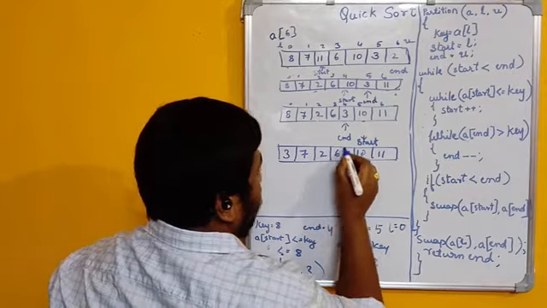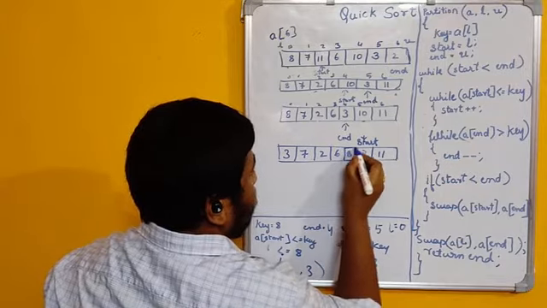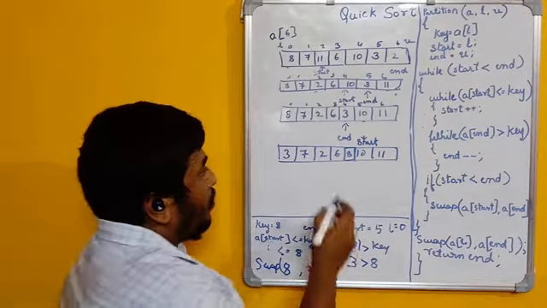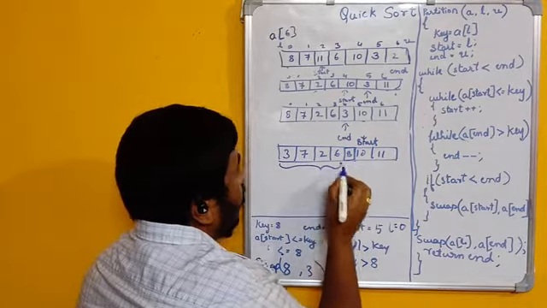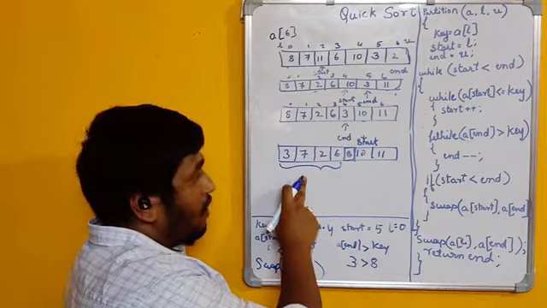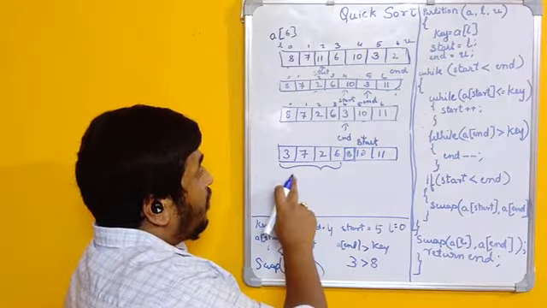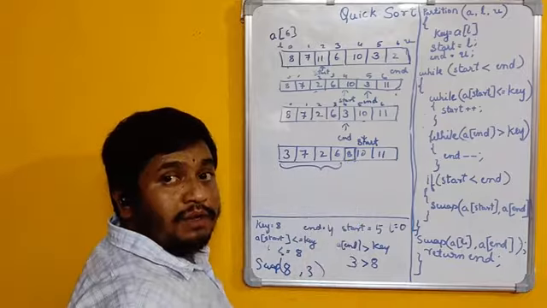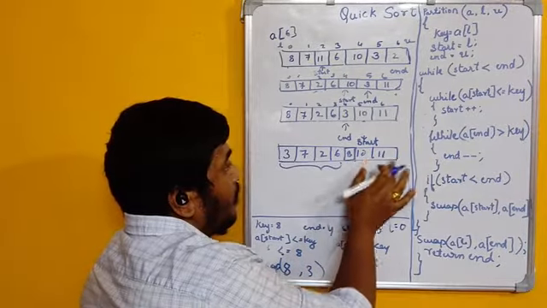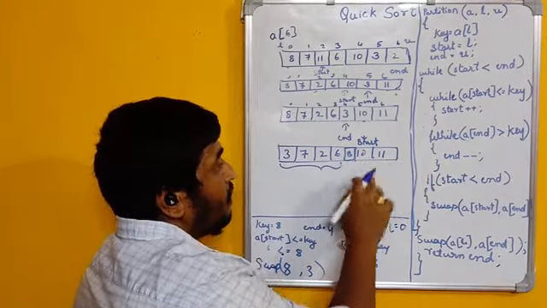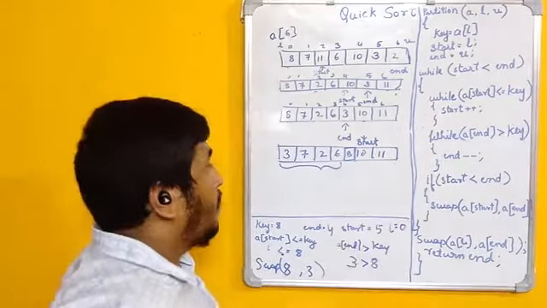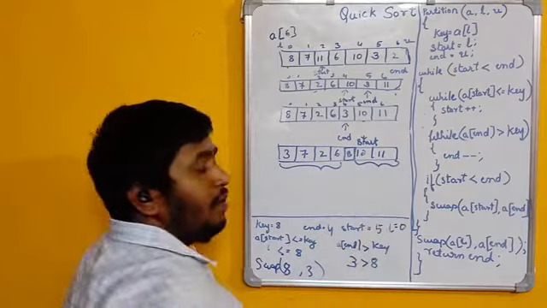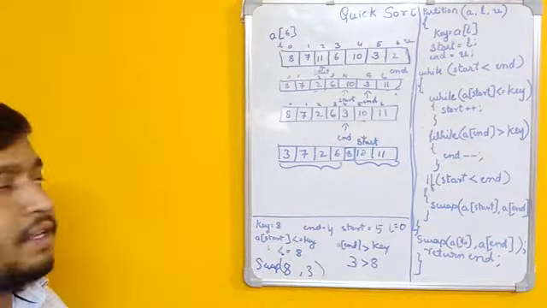After the first partition, this is our key element, 8. We can observe that all the elements to the left of the key are lesser than the key element, and the elements to the right of the key are always greater than this key element. So we have partitioned the array.